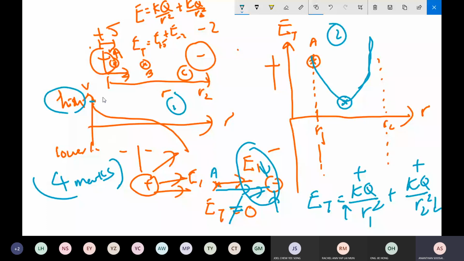But anyway, potential versus R must be a curve and has a zero value in between, and this zero value is close to the smaller charge. And electric field strength versus R will get a minimum.